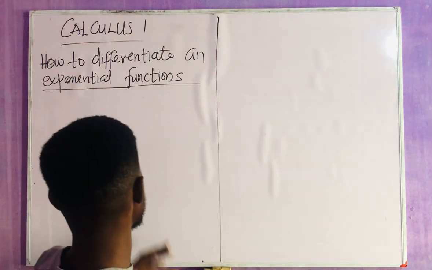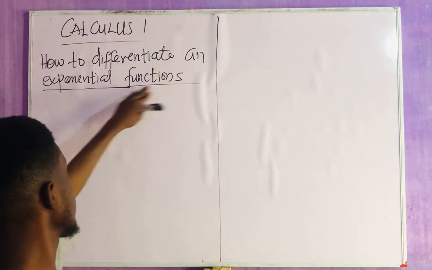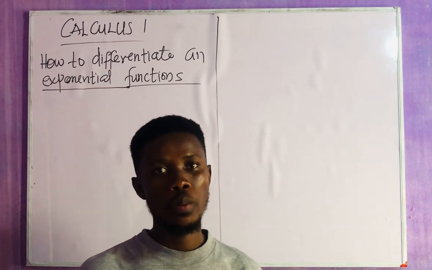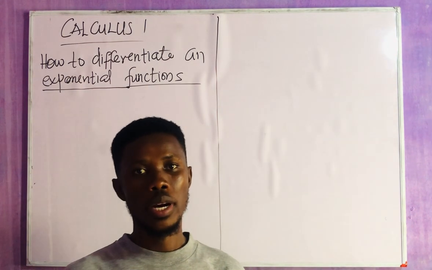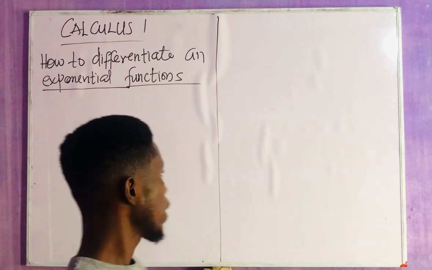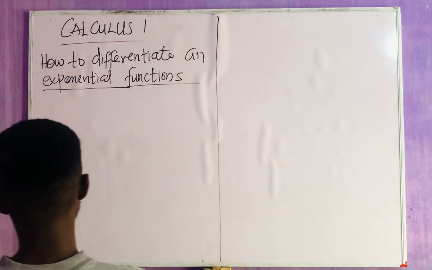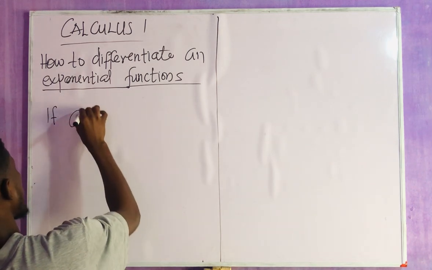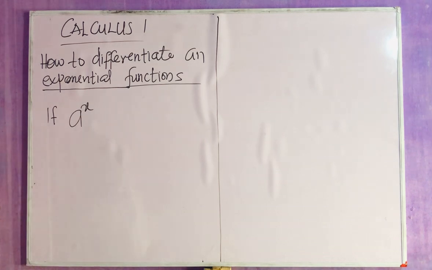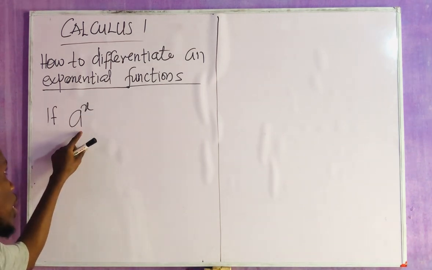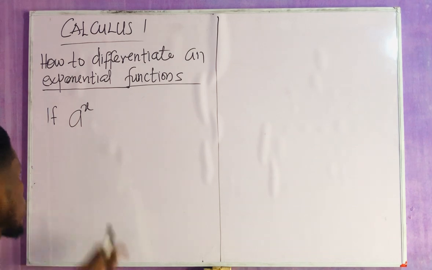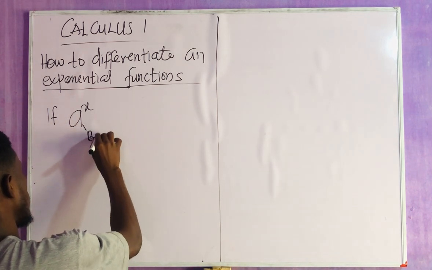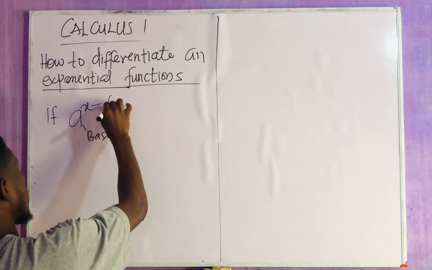Today we are looking at how to differentiate an exponential function. If you look at my previous lesson, we have already looked at exponential functions. Let's say I have a to the power x. This is an exponential function because we have a base and what?